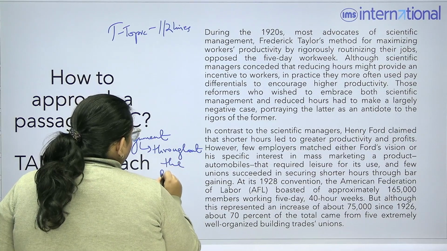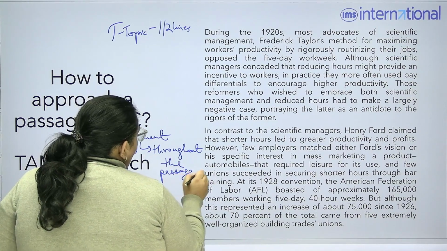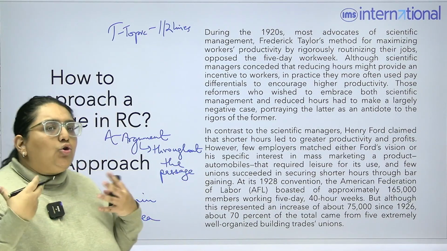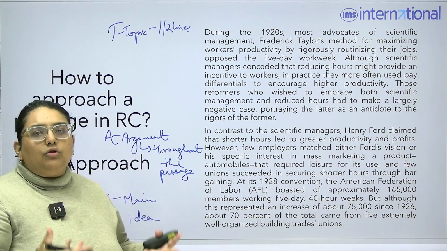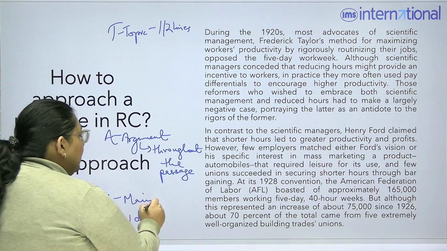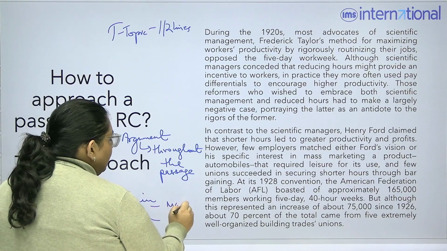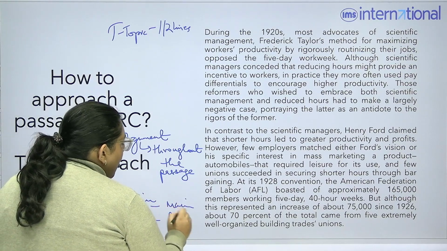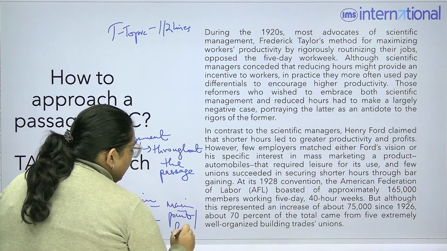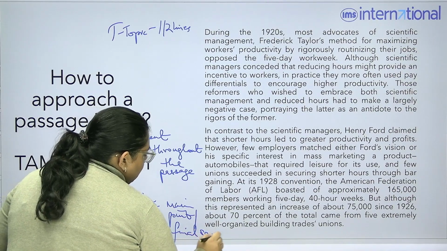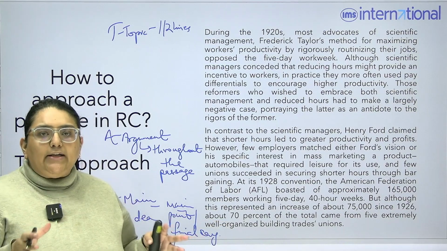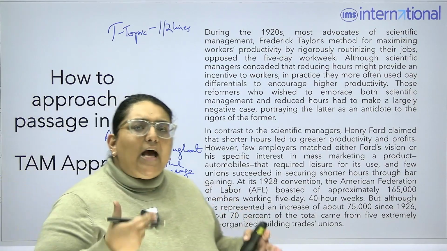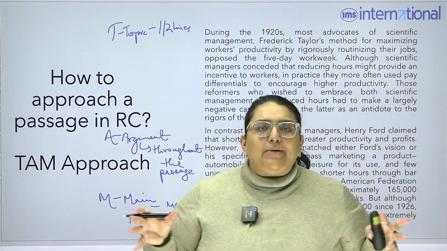Argument is, you can say, the tone of the author, or the voice of the author which is present throughout the passage, and main idea is the main point the author is trying to make, or you can say the final say of the author. Now it's not necessary that we always have a main point in a passage, but topic and argument will definitely be present.